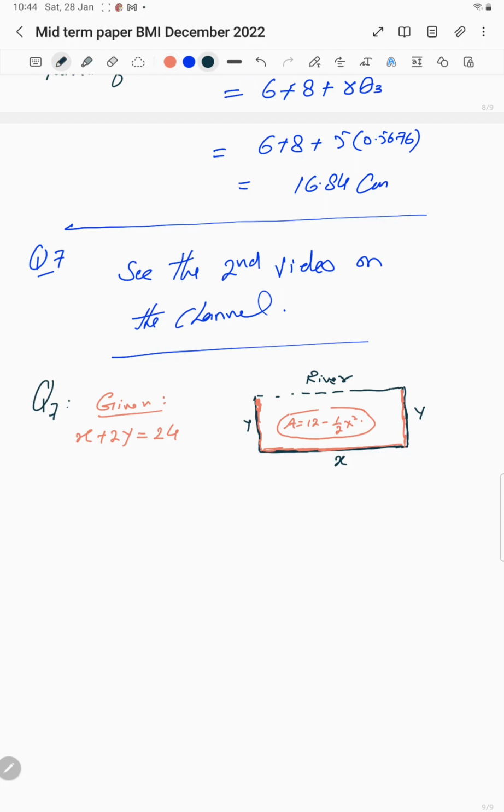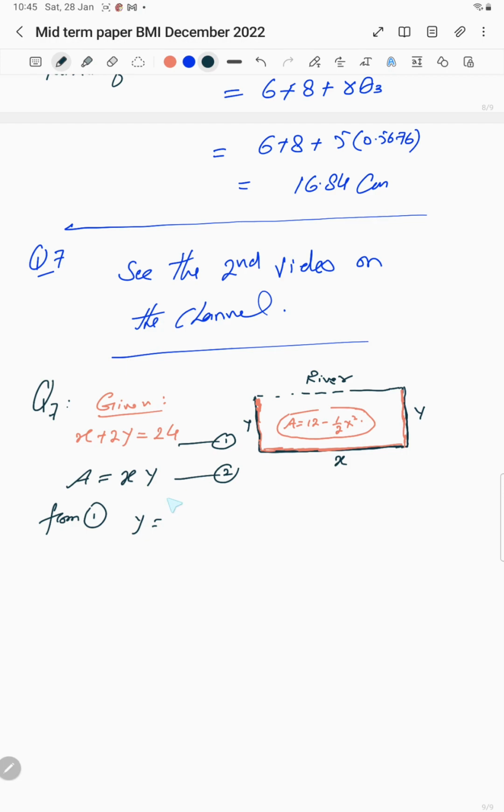Okay, let's see how. You are given only this thing, and we know the area of rectangle. Area of rectangle is length times breadth, x times y. We know equation 1, and the second according to the question. We need to simplify them. From 1, we can make any variable the subject of the formula. Let's take y from here, because in the result we need only x.